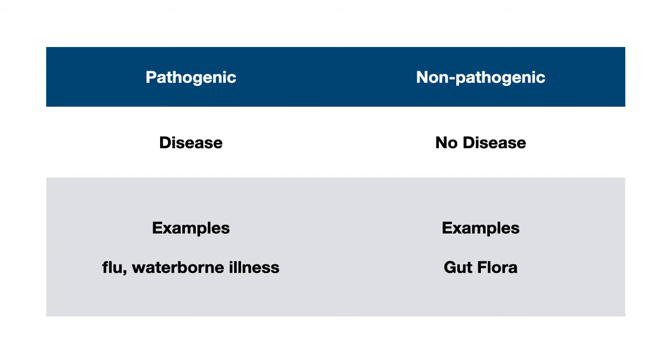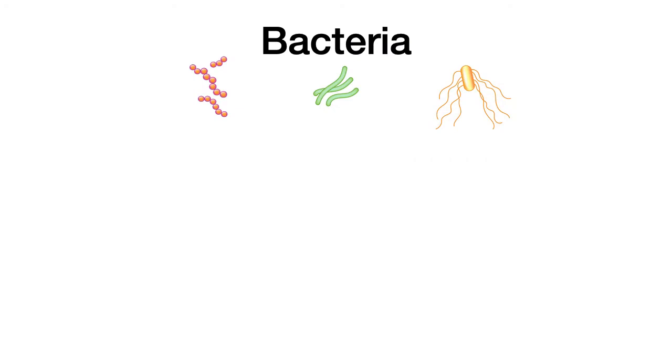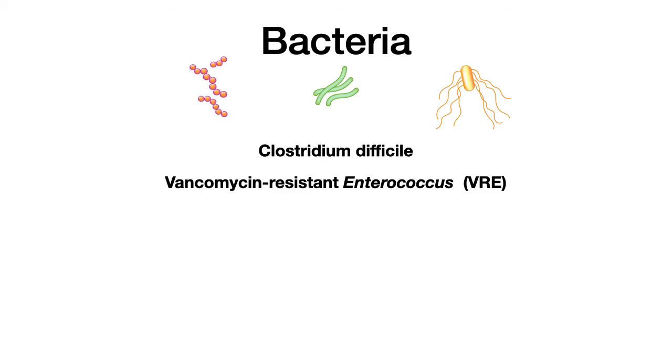So let us review bacteria, viruses, and prions with special reference to the endoscopy unit. So in terms of the bacteria, Clostridium difficile and vancomycin resistant enterococcus, otherwise called VRE.